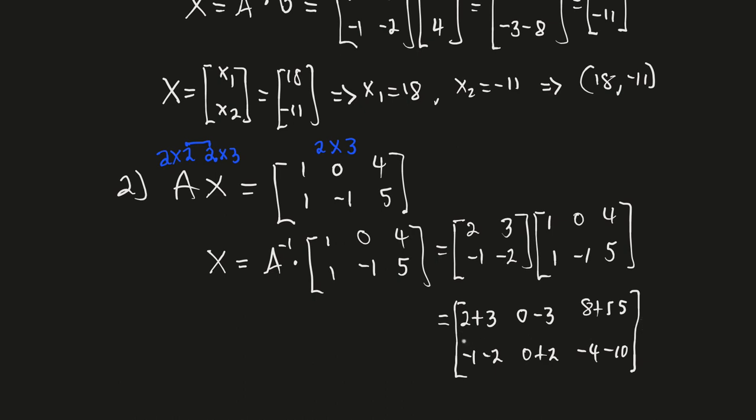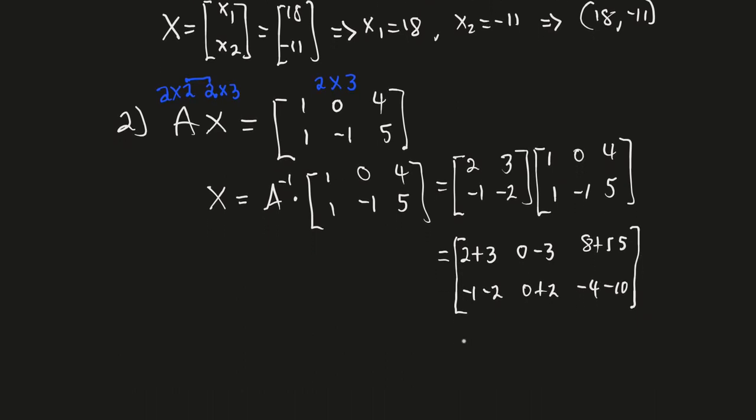So the solution to the second matrix equation, right? So the matrix that satisfies this equation with the given A from above is this matrix: 5, negative 3, 23, negative 3, 2, negative 14, right?